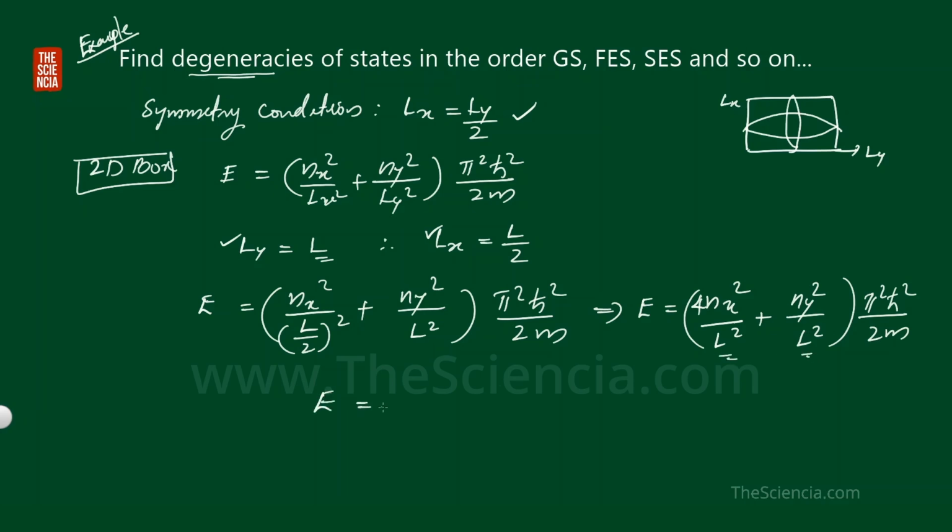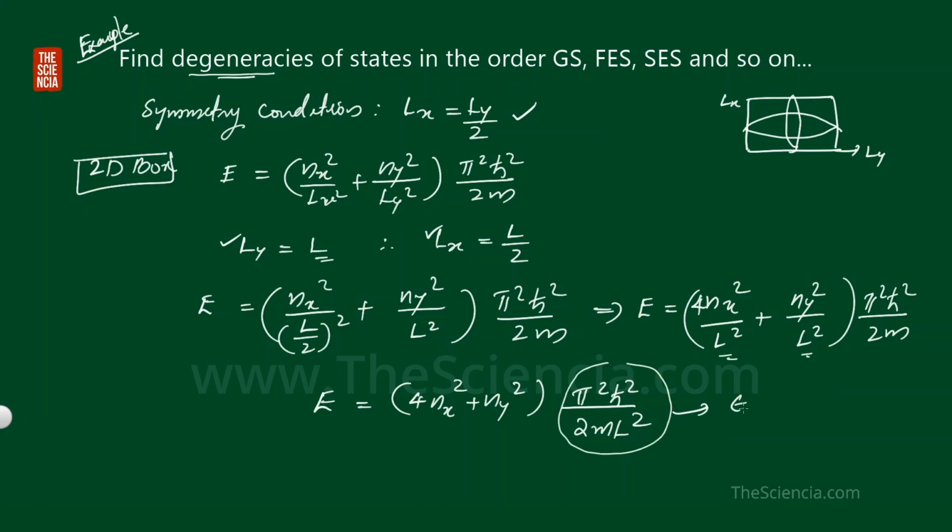That is, we get E equals (4 nx square plus ny square) into pi square h bar square by 2m L square. Here I am representing this term as E. That is, the energy is equal to (4 nx square plus ny square) into E.